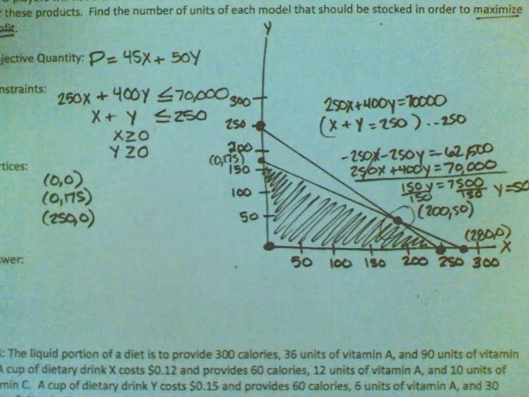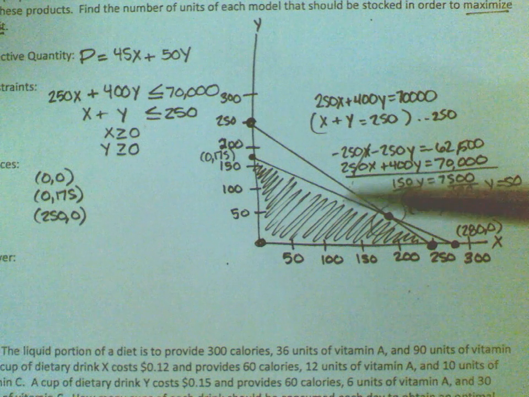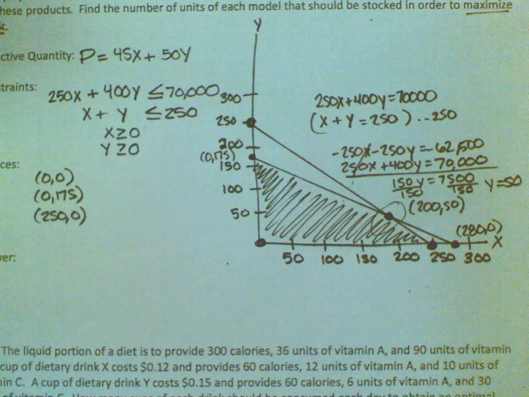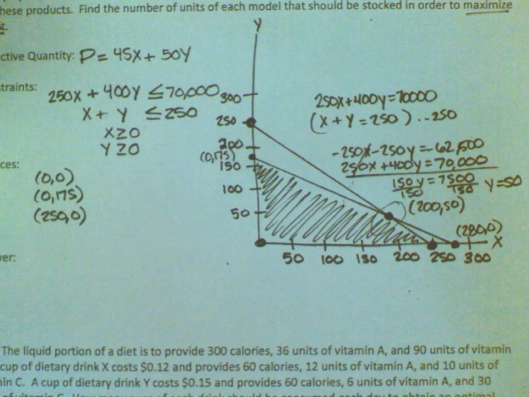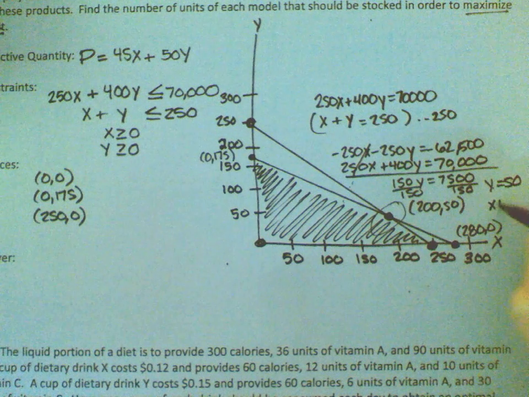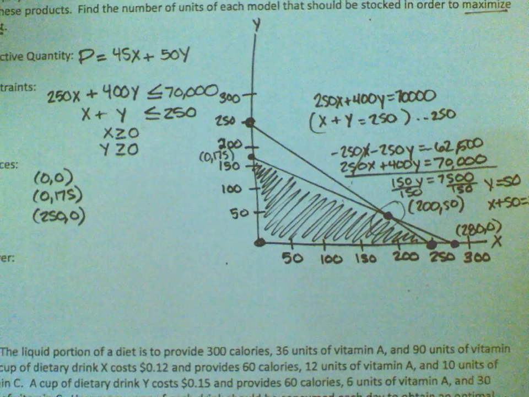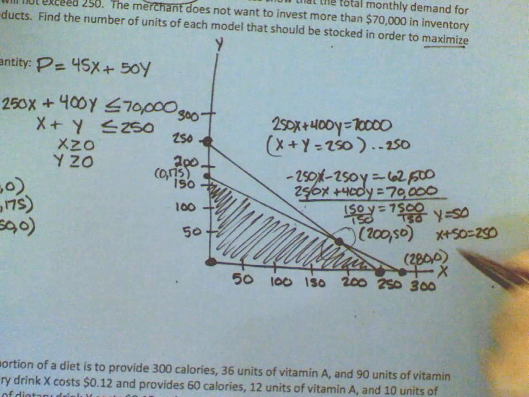I know I'm doing that math really quickly, but you're just looking at what the equations of these two lines are, writing them as equations and solving the system, like we did in sections 7.1 and 7.2. And if I know y is 50, then I can plug that in. x plus 50 equals 250. Sorry, you can't see that. And then x is equal to 200.